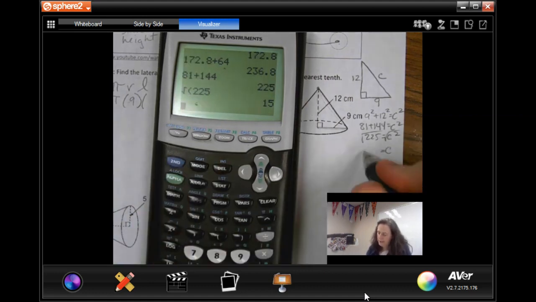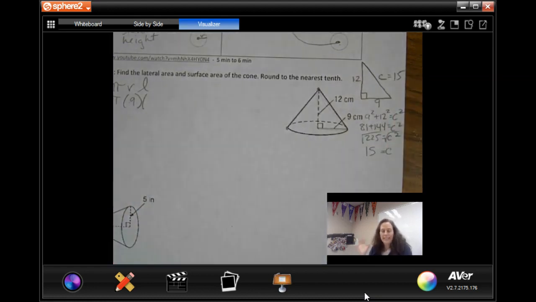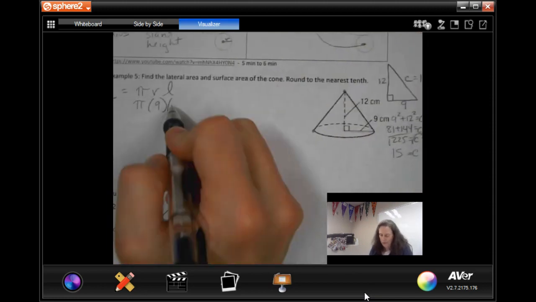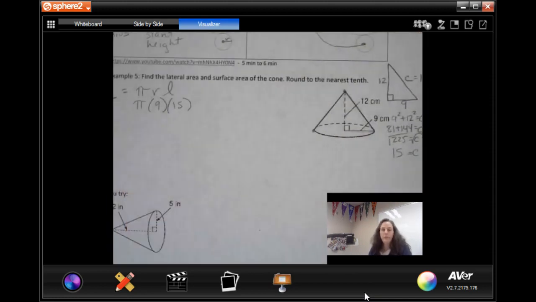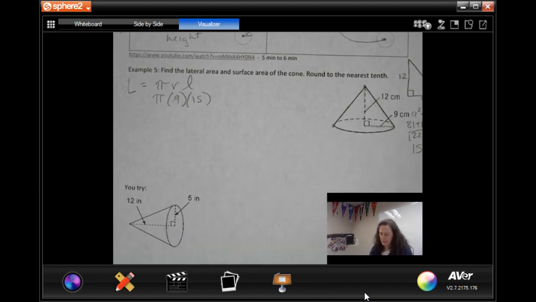And we get 15 is our c, this outside, which is our slant height that we were looking for, 15. So you might have to do that. I think on the assignment, there's one where they give you the slant height, and then there's 2 or 3 where they say the height of the pyramid from that center. So you will have to use Pythagorean to get some of that.